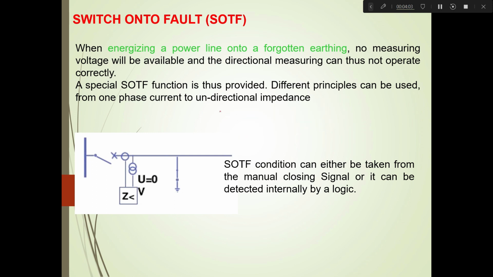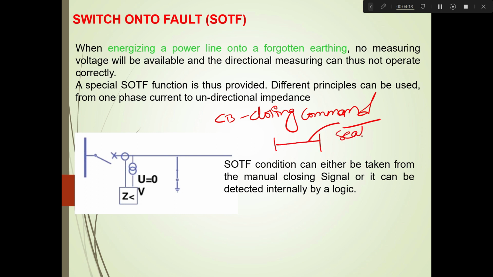So basically, a protection function which is enabled after the CB closing command is given. Just after we give a CB closing command, for a particular window, called the seal-in time, suppose the seal-in time is 200 milliseconds by default.